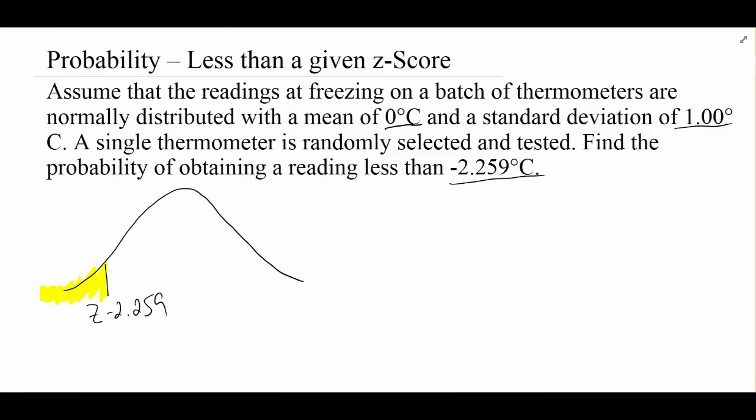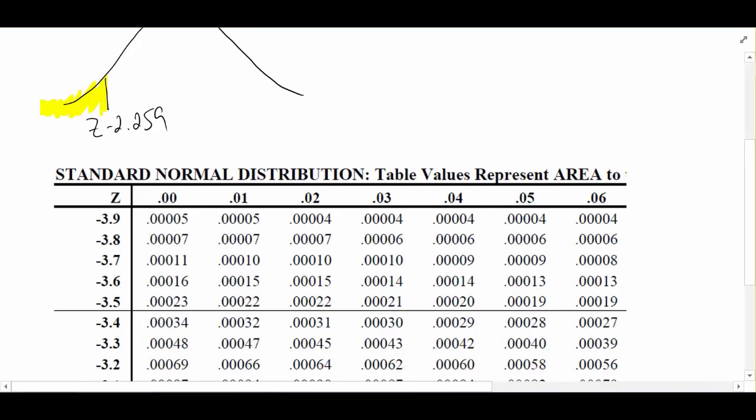This basically tells us that we could look at the chart, find this value, negative 2.259, and that's going to be the answer, because that chart gives us the probability of this z-score or less. So to find this value of negative 2.259, that's about negative 2.26, since our table only goes out to 2 decimal places.